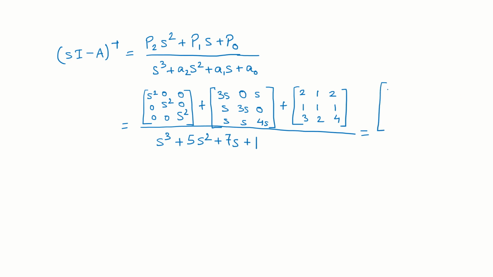Let us write them together: s square plus 3s plus 2. Then we have 1. Then we have s plus 2.